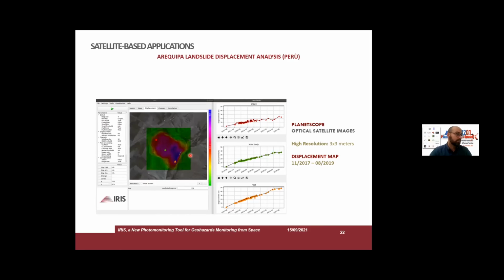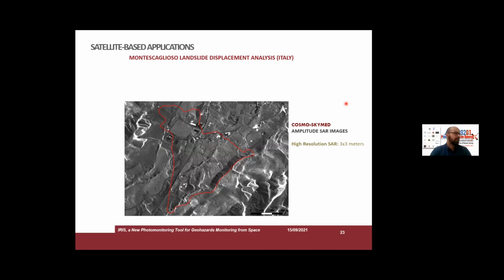Not only that, we also take some points within our study area, and we can extrapolate the time series of displacement or velocity. This is a very important feature, in my opinion, because we can understand and interpret data, for instance, the increase of velocity, the acceleration of a given phenomenon.